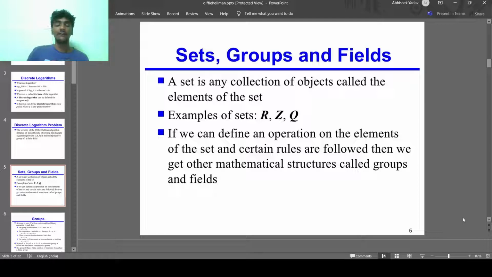If we have a relation or a function that follows certain mathematical rules, then we can derive mathematical structures which we call groups and fields.